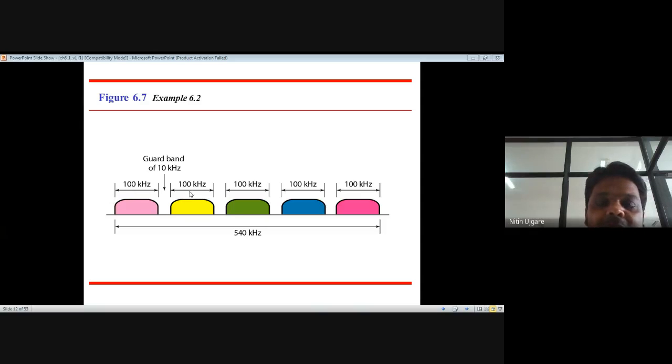So 5 channels bandwidth is 100 into 5, that is 500 kilohertz, and we need 4 guard bands of 10 kilohertz each. So 4 into 10, 40 kilohertz. 500 plus 40 kilohertz. So the total bandwidth required is 540 kilohertz. So the link through which we are going to transmit this composite signal, which combines these 5 signals, each of size 100 kilohertz, should have the bandwidth of 540 kilohertz.